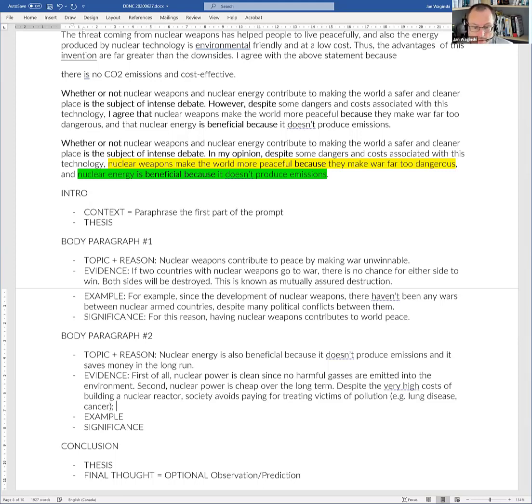As well, nuclear energy contributes to a higher standard of living thanks to the resulting clean air.